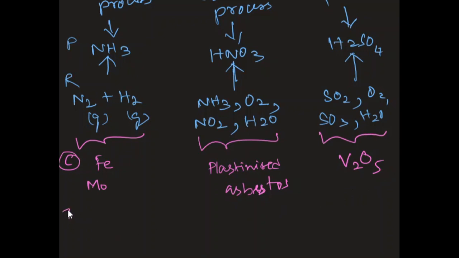And the reaction temperature is 723 to 773 Kelvin in the case of Haber's process. In Ostwald's process, the temperature is 573 Kelvin. In case of contact process, it is 673 Kelvin to 723 Kelvin.